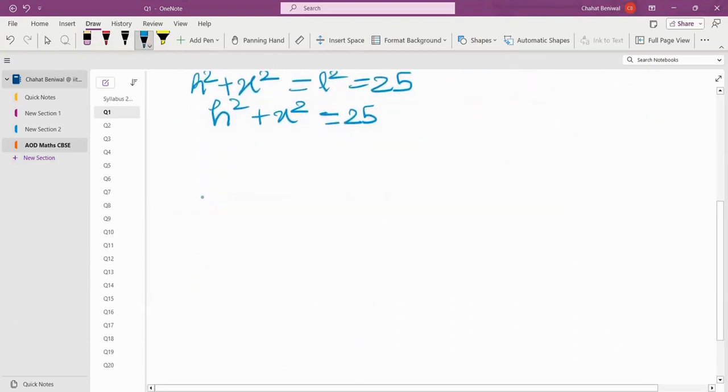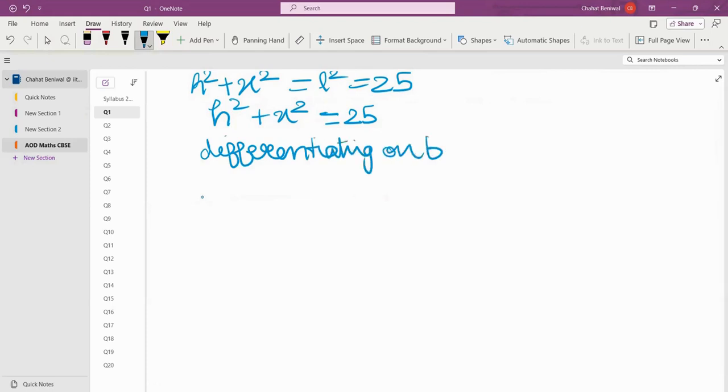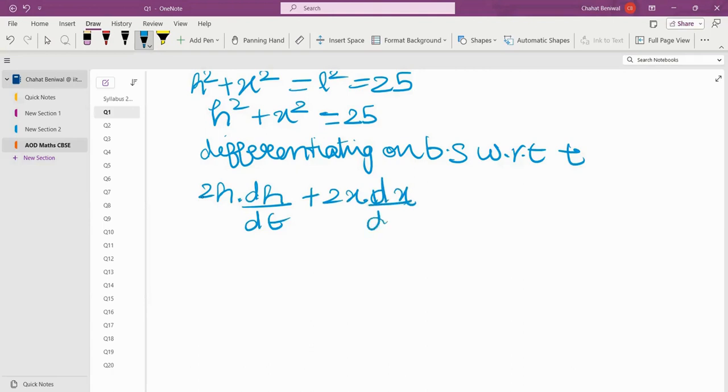Let us differentiate on both sides with respect to time, because that's what we have to find. The differentiation of h square is 2h into dh by dt. Similarly, this term gives 2x into dx by dt. And since 25 is a constant, its derivative is 0.